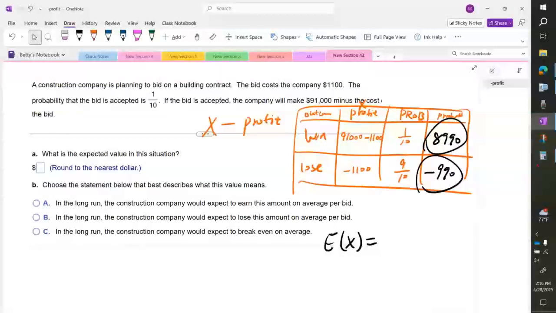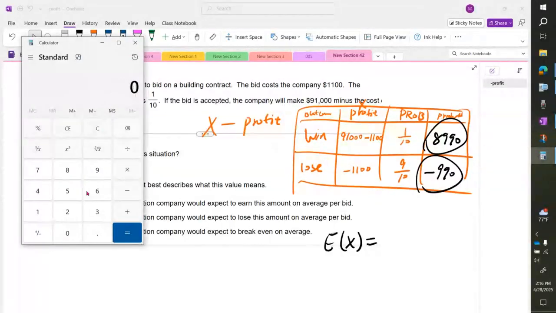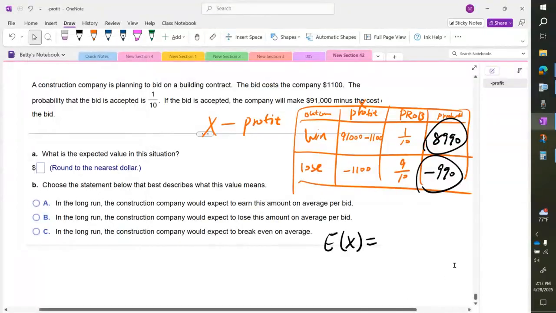Since the second number is negative, we're going to have 8,990 minus 990. 8,000. Okay. Number's pretty convenient. 8 grand.